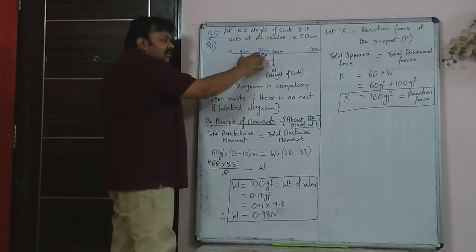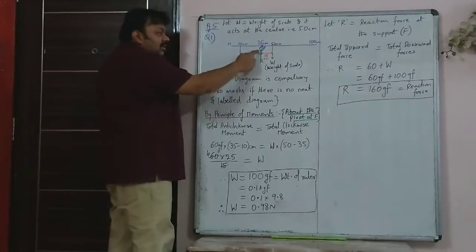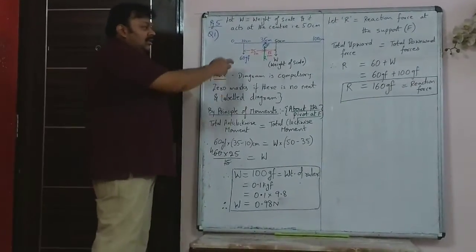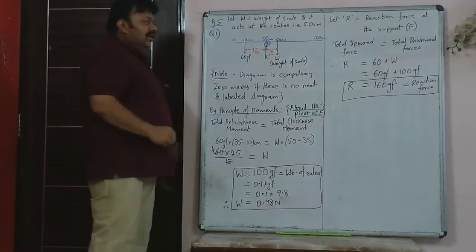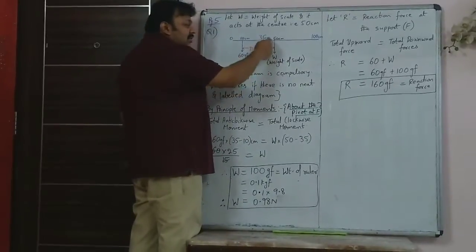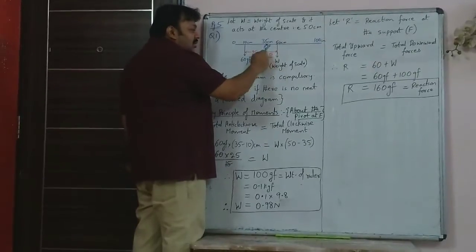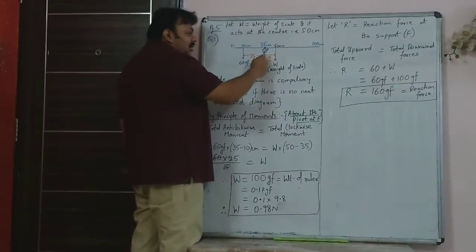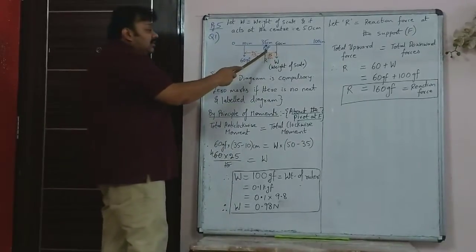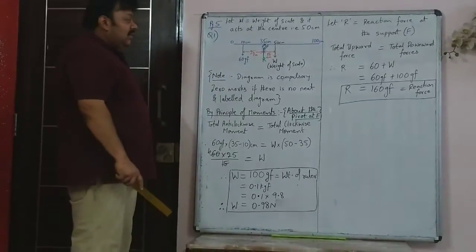So what is this distance? The distance between 60 gf and the pivot is 35 minus 10, that is 25 centimeter. On the other side, the distance between W and the fulcrum is 50 minus 35, that is 15 centimeter.